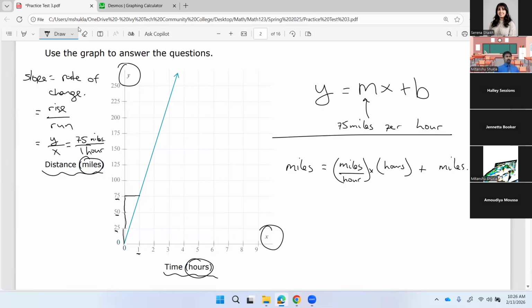When you say it like that, it makes intuitive sense, right? If I want to know how far I traveled going on 69, I just take my speed limit and multiply by however long I was going, and it's going to tell me how far I traveled. It seems very intuitive, but that's what you're doing. Any questions on how to interpret this?